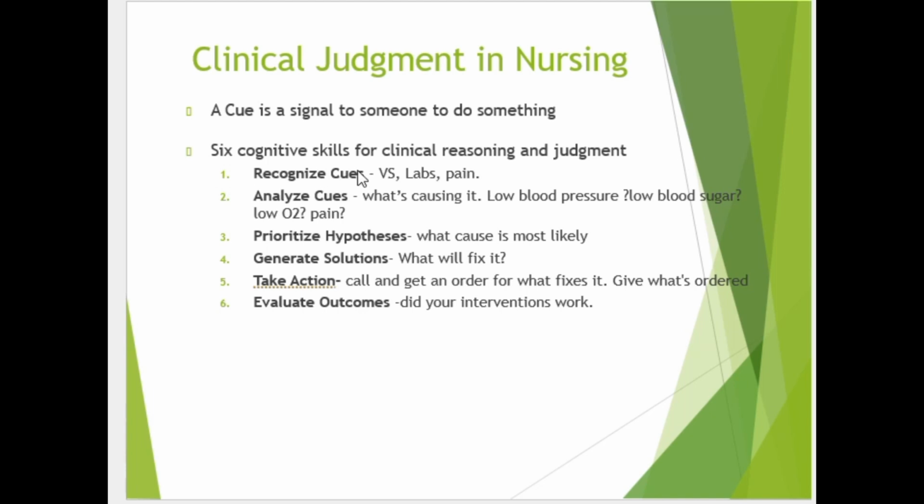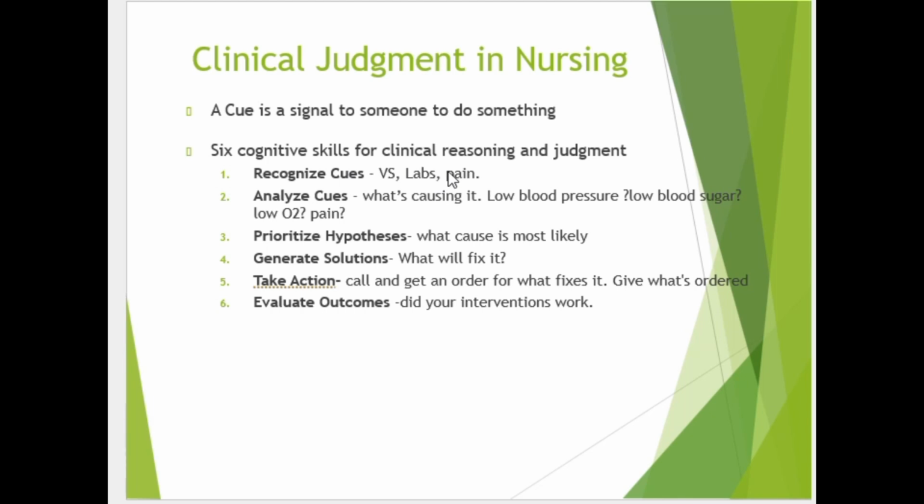All right, so things that could be cues are, of course, vital signs, labs, pain, lung sounds, bowel sounds, color of the skin, maybe level of consciousness, right? Does your patient have confusion when they weren't confused before?